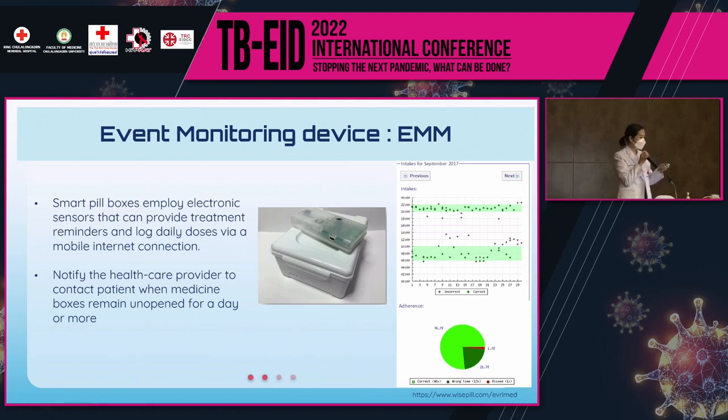This can notify the healthcare provider to contact the patient when the medication box remains unopened for a day or more. On the right-hand side is a chart that summarizes the patient's dosing. The dot means the time that the patient opened the box, and the gray and green line indicates that the patient opened the box on time.